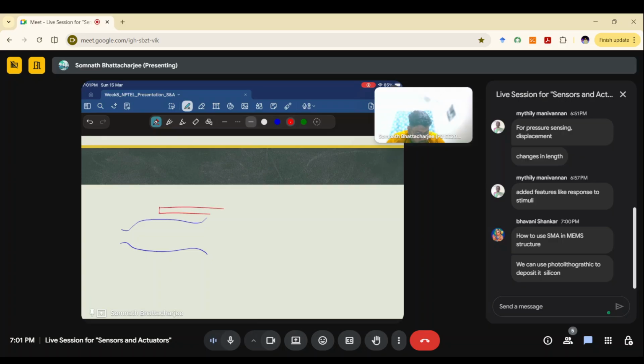So this is a movable structure; it can move around. And you have a structure like this, which is a fixed structure. And this is the movable part of that structure.